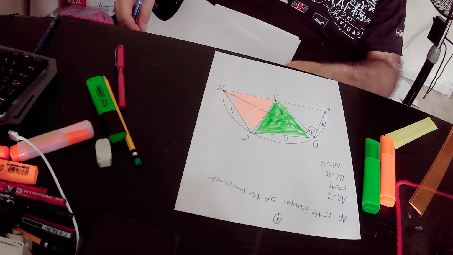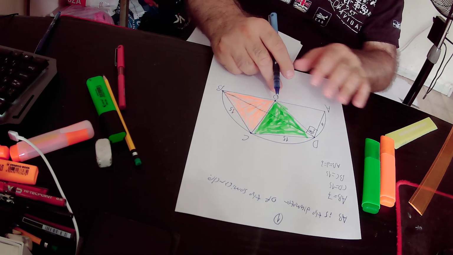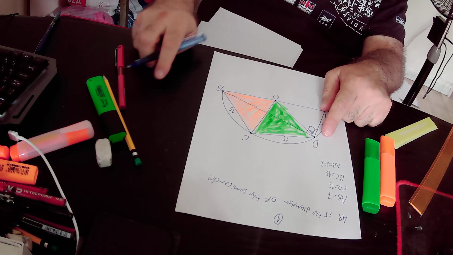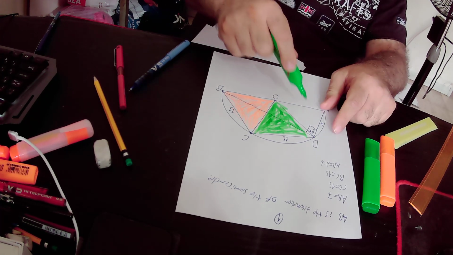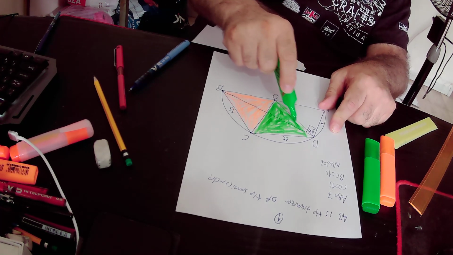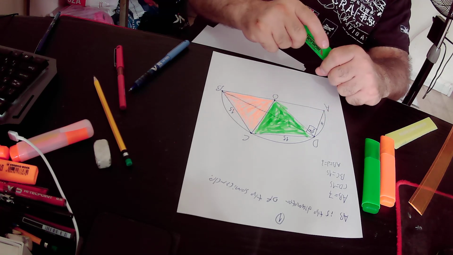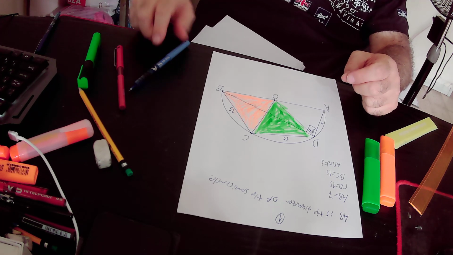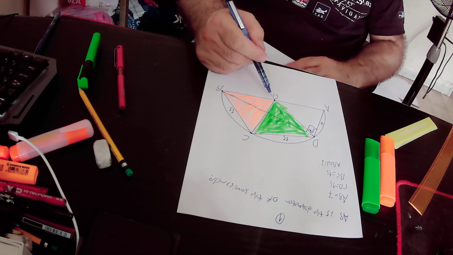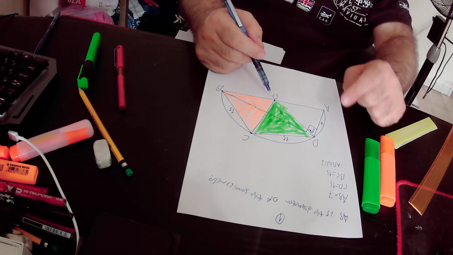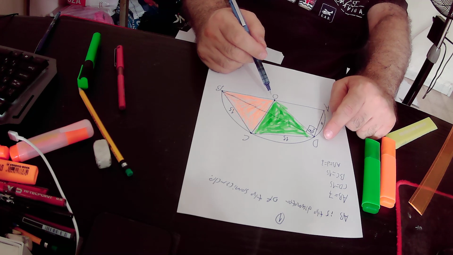And actually OD is the radius of this semicircle, because line segment OD starts from the center of this semicircle and ends at point D, that is a point on the semicircle itself.